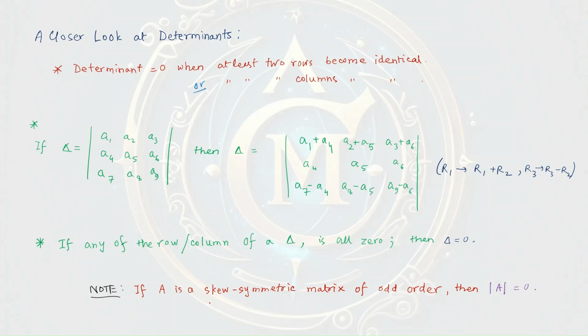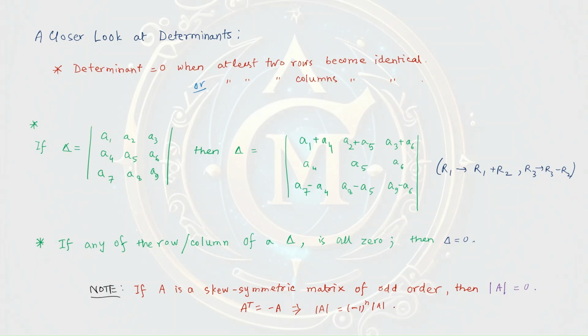So we know for a skew symmetric matrix, A transpose is equal to minus A. If we take determinant both side, that means determinant of A transpose becomes determinant of A. It is equal to, as this is a minus 1 times A, so this becomes minus 1 whole to the power n determinant of A. Now if n is odd, then minus 1 whole to the power n becomes minus 1.